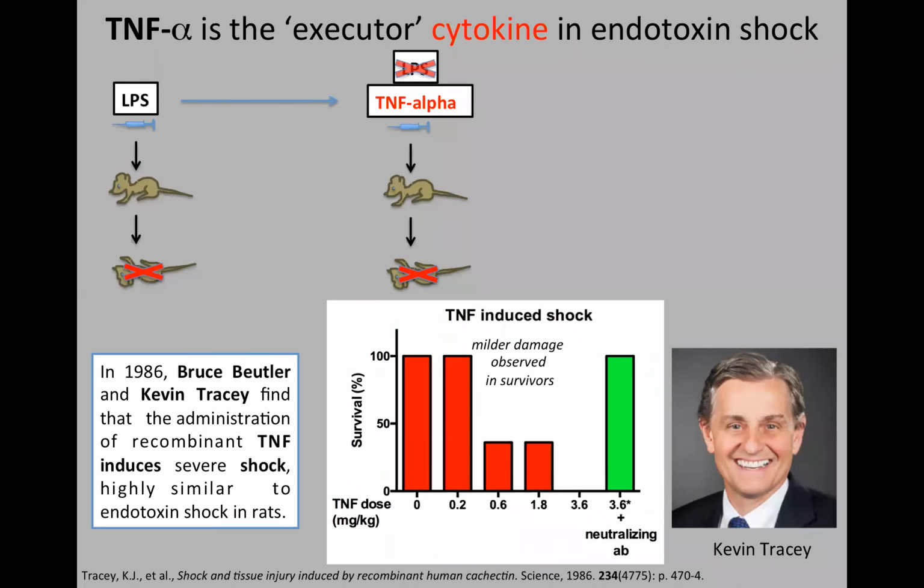Even when they used lower dosages, that induced a similarly dangerous reaction, and in those survivors, they could see a very severe inflammation all over the body in various tissues. Though if they used a TNF blocking antibody, there was no lethality at all, so the mice could survive the TNF-induced shock.